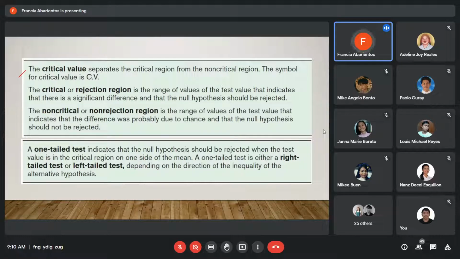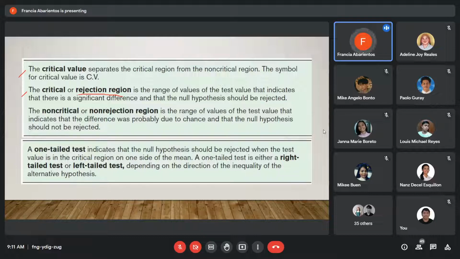We make use of the symbol CV for the critical value. If we have the critical value, we have now the critical region or the rejection region. So from this, you can now decide what your decision is in a given hypothesis.